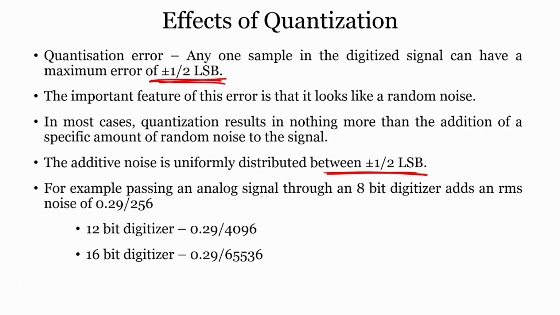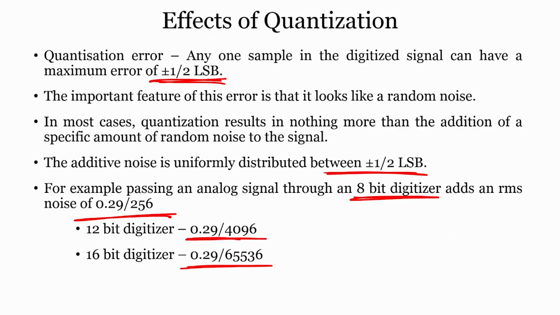For example, passing an analog signal through an 8-bit digitizer adds an RMS noise of 0.29 by 256. For a 12-bit digitizer it is 0.29 by 4096, and for a 16-bit digitizer it will be 0.29 by 65536. This is very important to remember: quantization error should be minimum. In most cases it is more like the addition of a specific amount of noise, uniformly distributed between plus and minus half LSB.